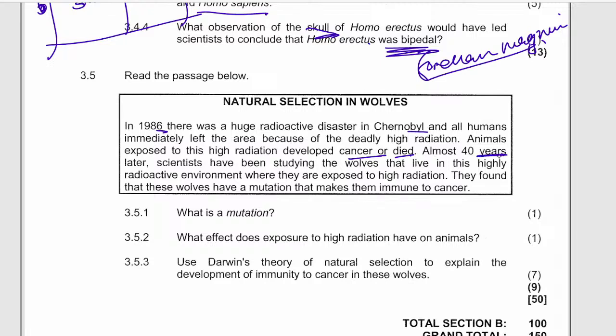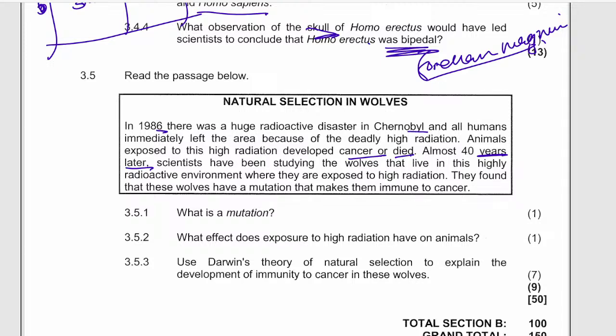Almost 40 years later, scientists have been studying the wolves that live in this highly radioactive environment where they are exposed to high radiation. They found that these wolves have a mutation that makes them immune to the cancer.